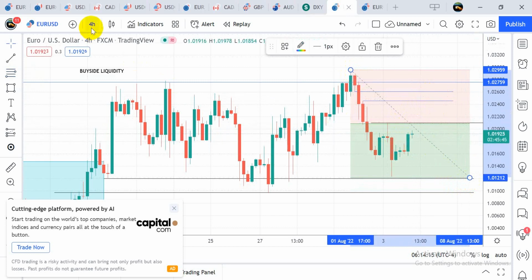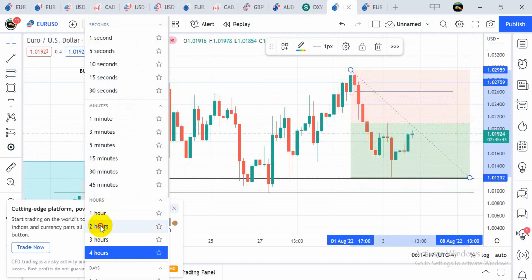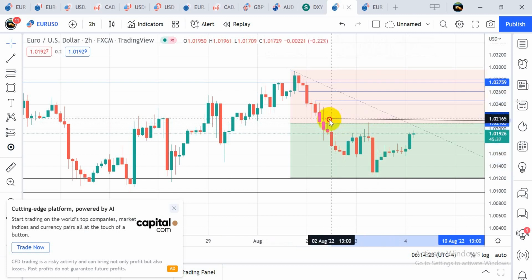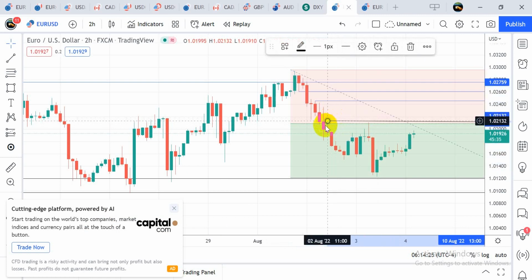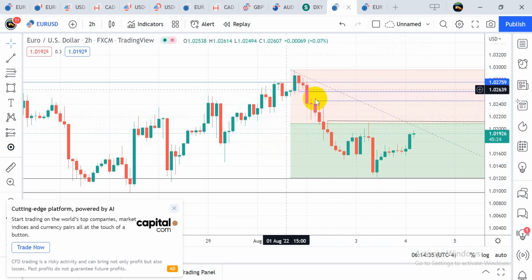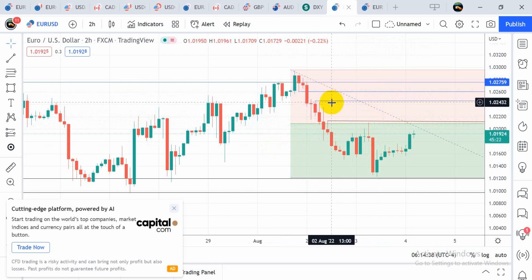Let's scale to the 2-hour time frame. You can see that yesterday's high coincides with this high right here, the high of that candlestick. So we can view that as relative equal highs, and this denotes the fair value gap from here to here, a fair value gap on the 4-hour time frame.